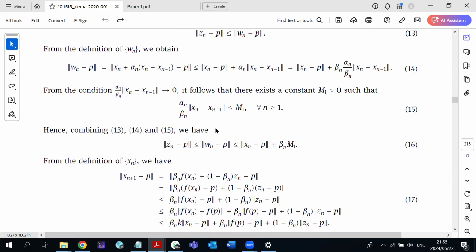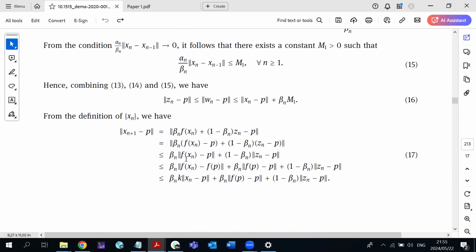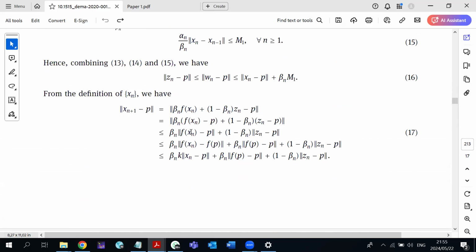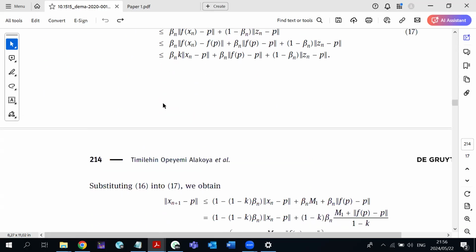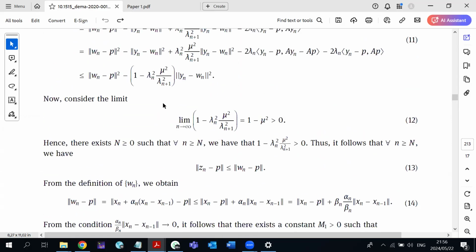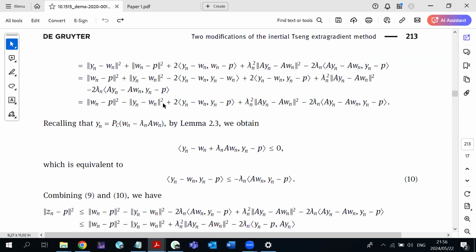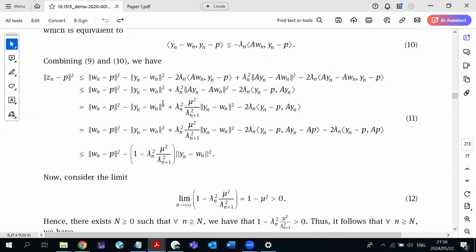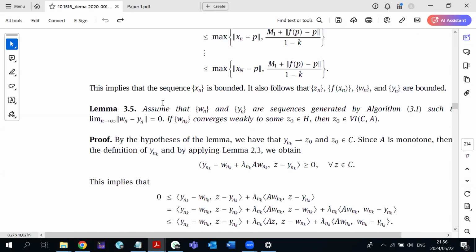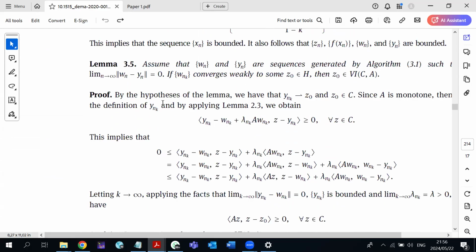Then we are going to show that our p bar, I don't know what they use here, the sequence weakly converges to p bar. Let me see. We have to show that it weakly converges to p bar to show the weak convergence.